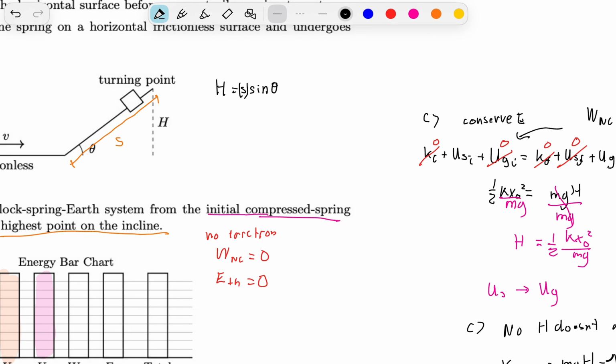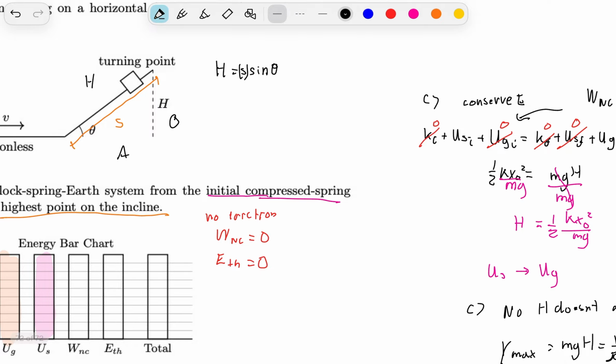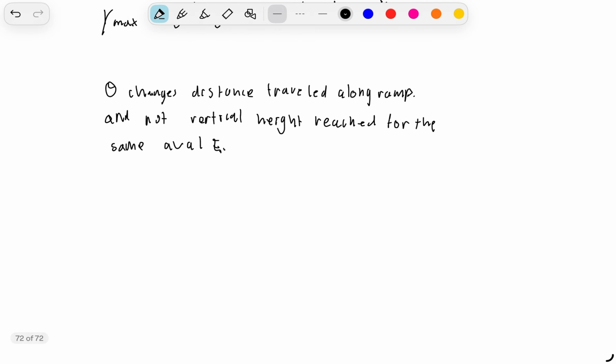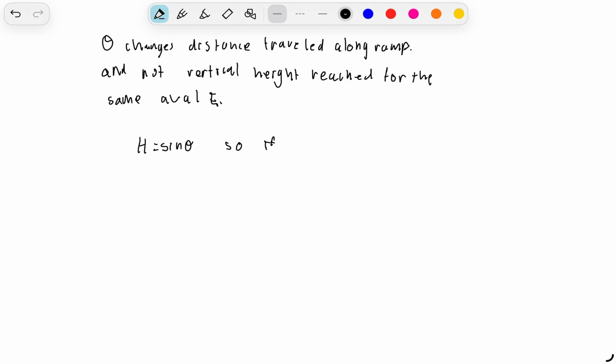Because we have theta, we can relate the hypotenuse, the opposite, and the adjacent. So to find h, you would just relate it with the sine of the angle theta. So if you have a different theta value, then s changes, but your y max is just energy determined.